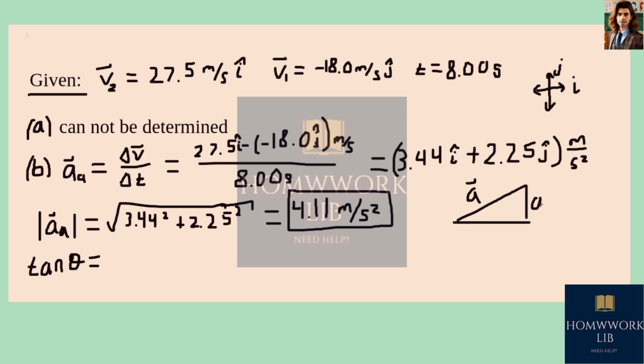This would be the J hat direction, so this is A sub J, and this is the I hat direction, so this is A sub I. So opposite over adjacent for this angle here. This is the angle we want to determine, this is theta. Well, that's going to be 2.25 divided by 3.44.